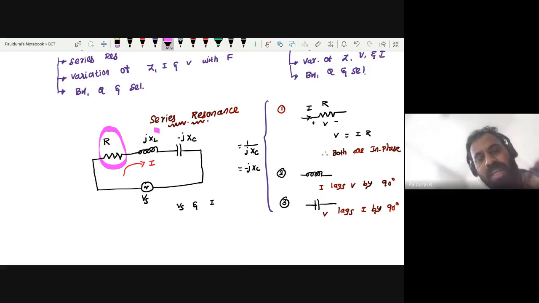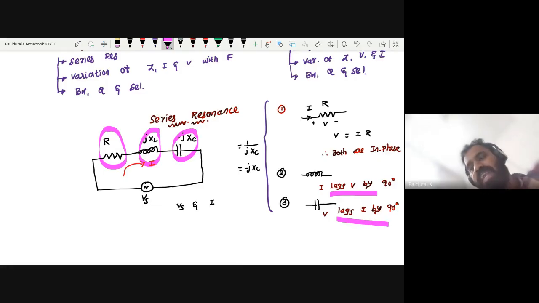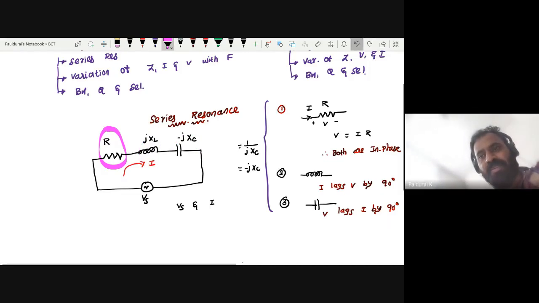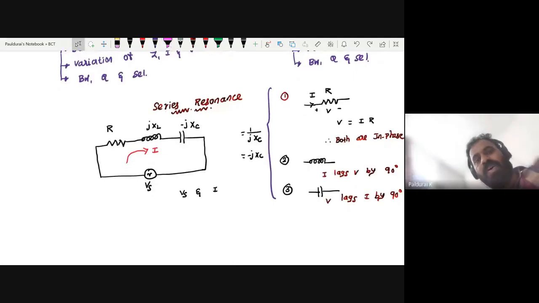If only an inductor, out of phase, where current lags voltage by 90 degrees. Only a capacitor, out of phase, where voltage lags current by 90 degrees. But here the concept is different. This is the voltage source, your grandfather or grandmother, and resistance, inductance, capacitors are the parents. In my circuit, I want to have an inductor and capacitor, but what is the resonance here?